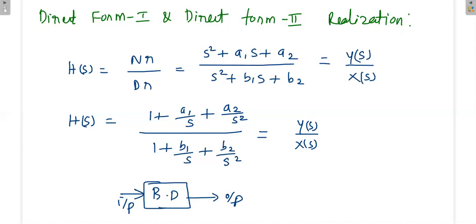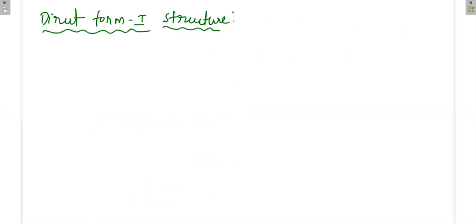First of all, I will give you the direct form 1 general structure. Suppose you have X(s) as the input, then directly give it to the summator with a gain 1.